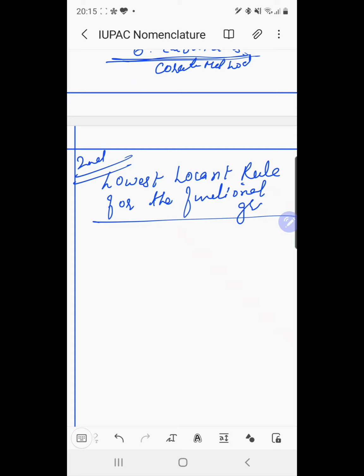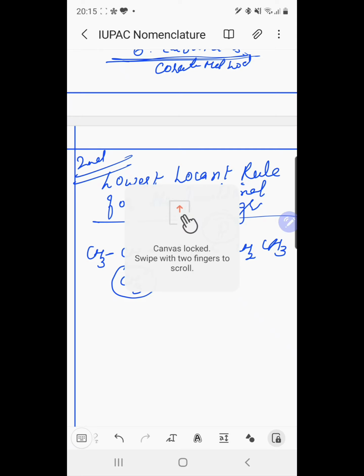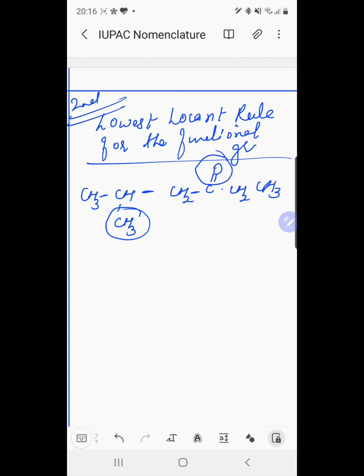For example, CH3 CH CH3 CH2 CO CH2 CH3. In this case methyl is a substituent and ketone is a functional group.